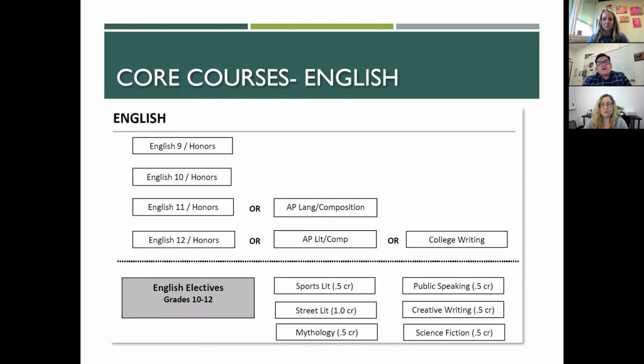So now let's start talking about some of the specific content areas. I'll start by mentioning the classes for your English credit requirements. As Ms. Lily has mentioned, you're going to need 4 credits of English language arts that are required for graduation. All sophomores will take English 10. Juniors will have the option to choose either English 11 or AP Language and Composition.